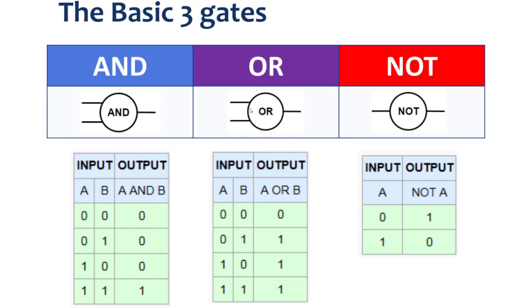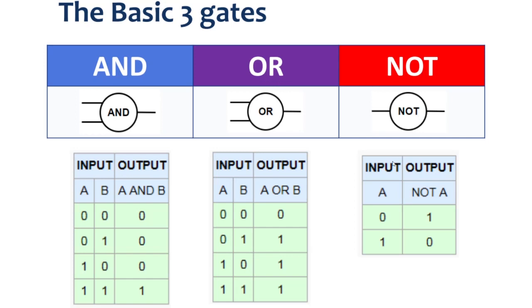OR gate: one input has to be positive. 0, 0, no positive, so it's 0. As long as 1 is in the input, the output will be 1. So for AND, both inputs have to be true for the output to be true, and for OR, one input has to be true for the output to be true.